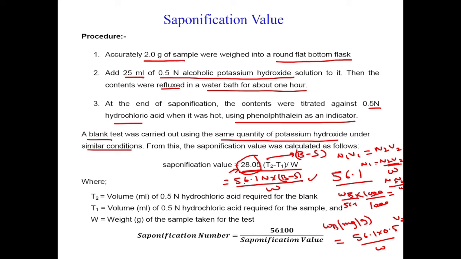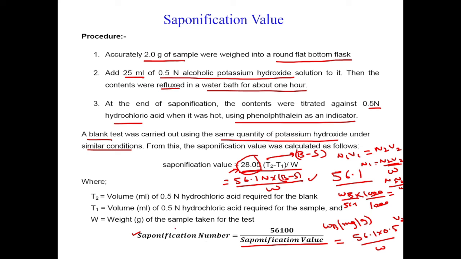Now for the blank, why blank? Remember that we are subtracting the sample value from the blank value. Let me tell you why this is happening. Meanwhile, there is a term saponification number: 56100 divided by saponification value gives you the saponification number.